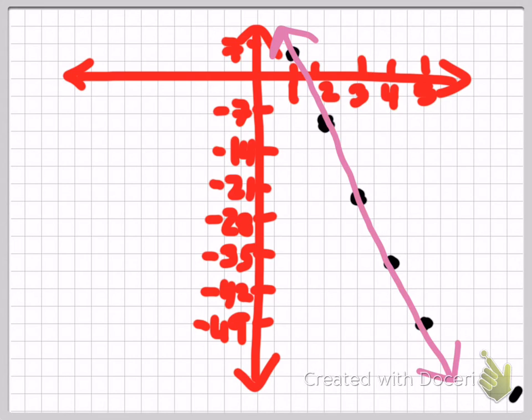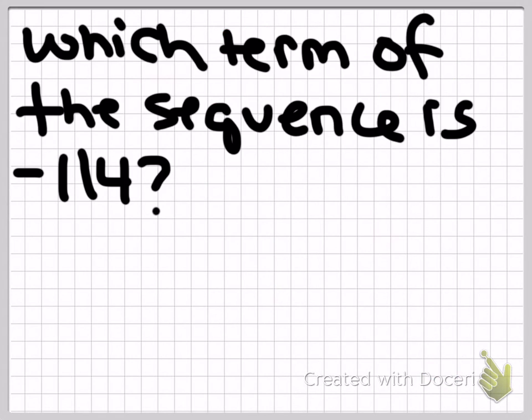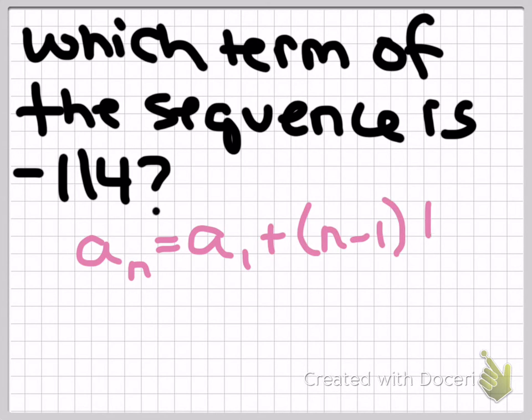To graph my equation. And then finally, which term of the sequence is negative 114? This one we're going to use our same formula. Okay, so our first number in the sequence was 3.